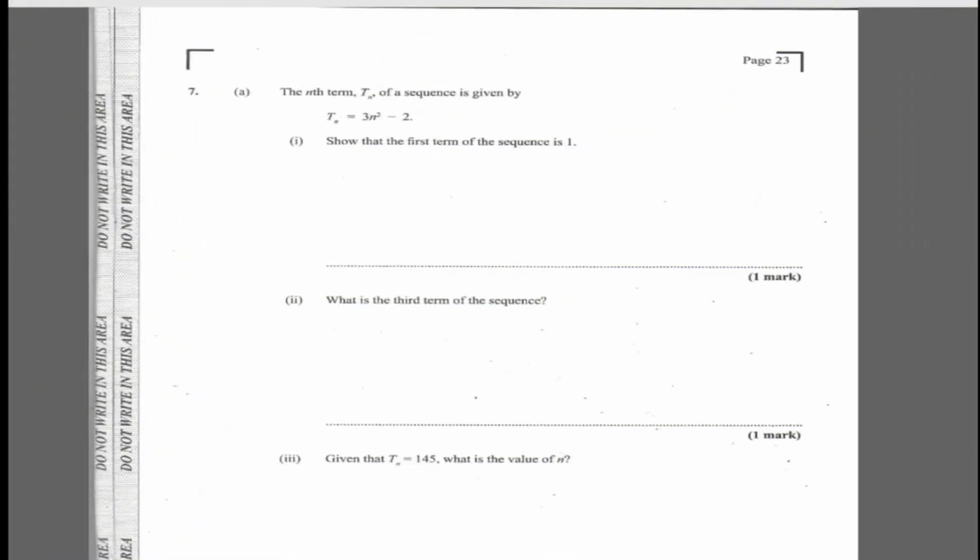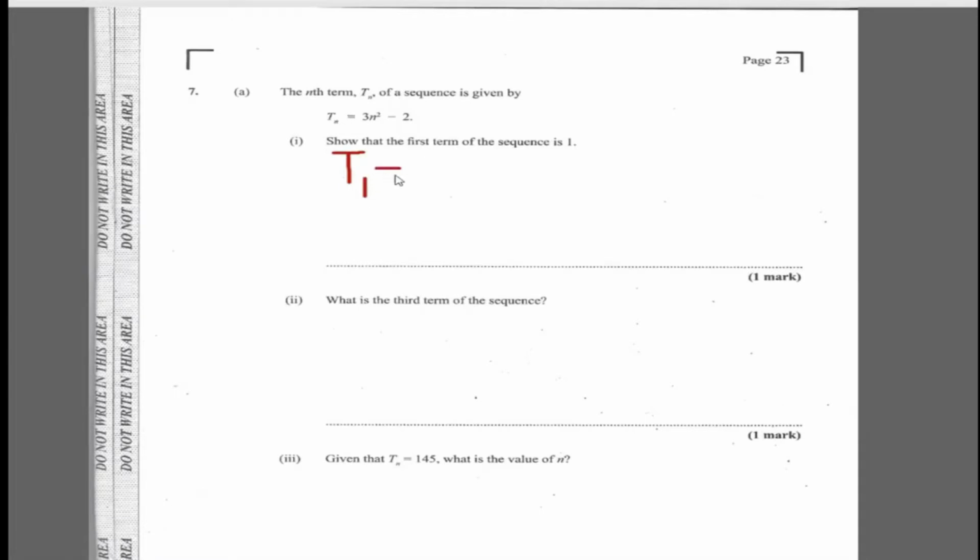Question 7 says the nth term Tn of a sequence is given by Tn is equal to 3n squared minus 2. It says show that the first term of the sequence is 1. The first term of any sequence is when n is 1.